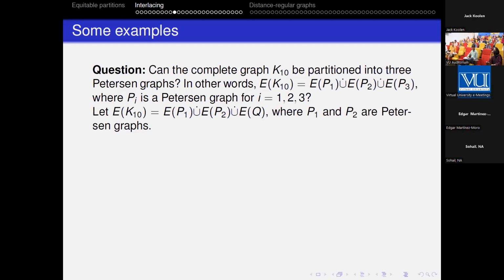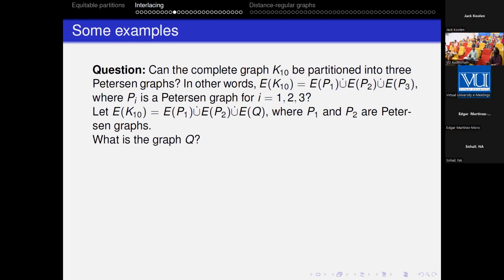So you can easily see that you can always do it with 2. But what is the third graph? That is what we want to show. That the third graph can never be a Petersen graph. And the proof is quite interesting.